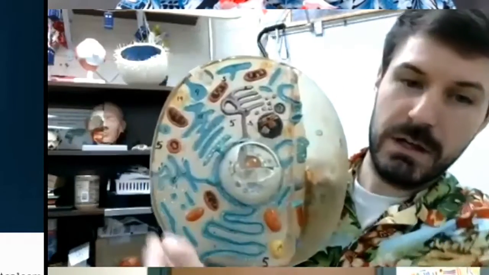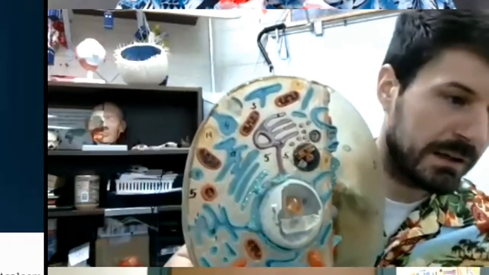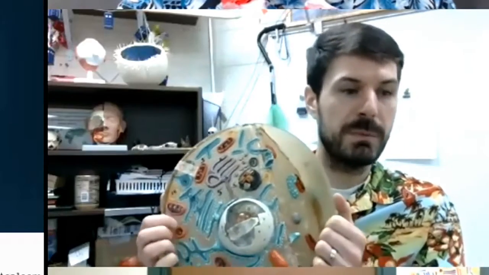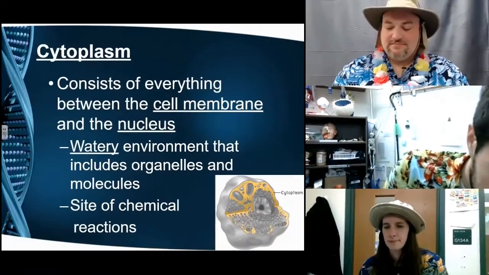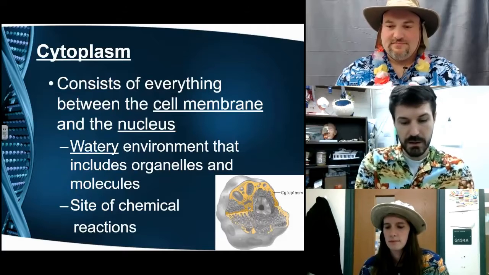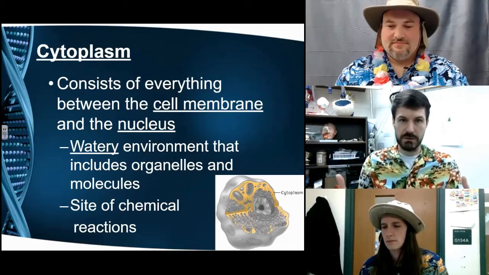So you've got the cell membrane, nucleus, and cytoplasm is everything in between there. It's a kind of watery fluid environment that basically provides a place for chemical reactions to happen, for the organelles to hang out, and just the general day-to-day workings of the cell to occur, right?